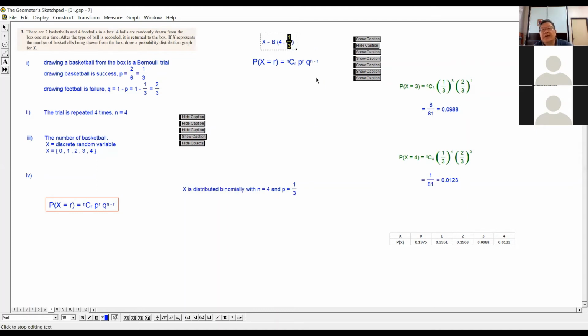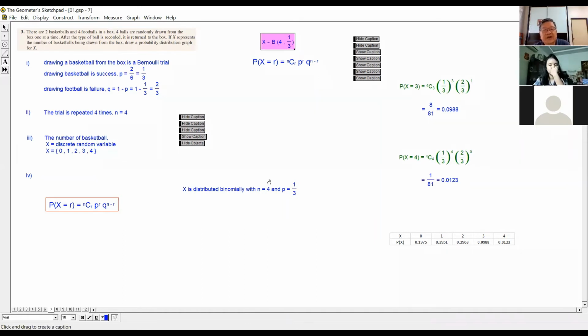This can be written for all binomial distributions, and the way of writing this is not my invention. All the textbooks write it this way. So you learn how to read this symbol.